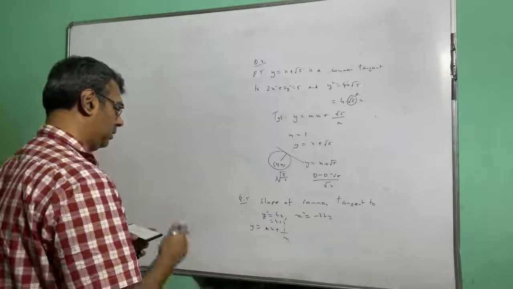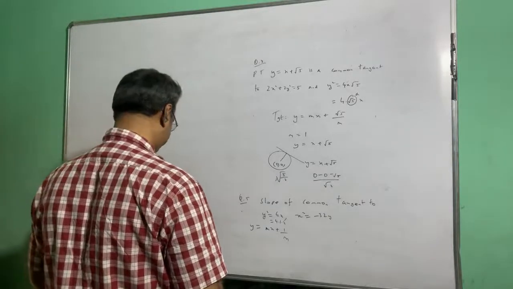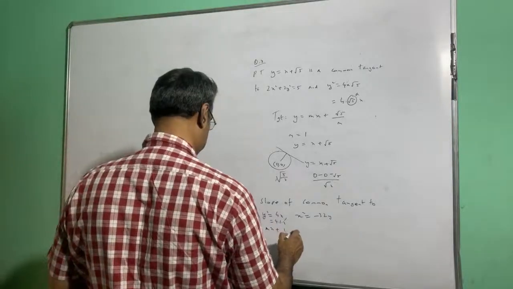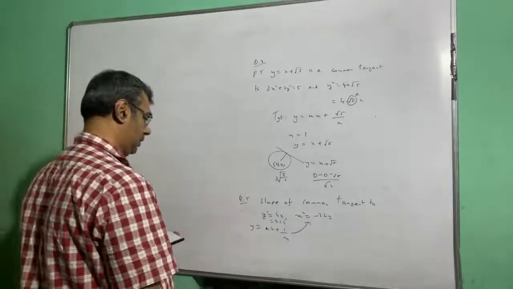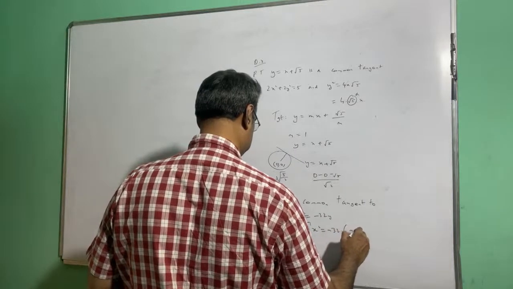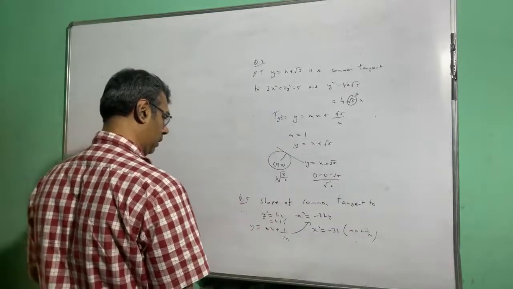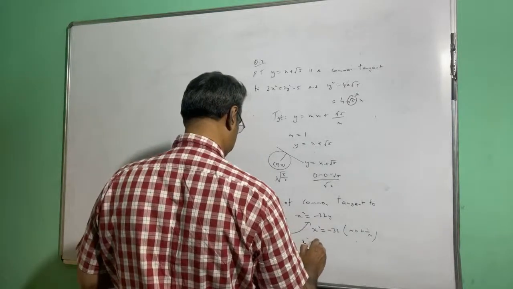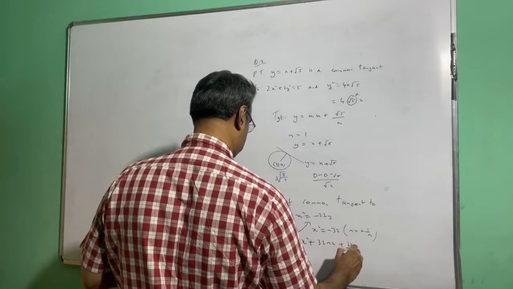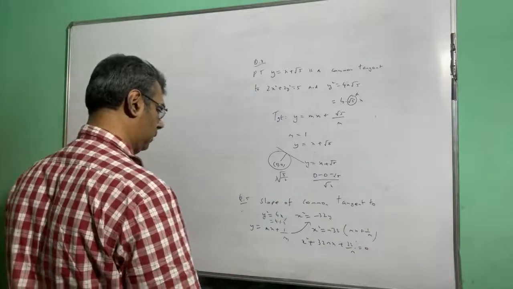So y equal to mx plus 1 by m will be the tangent to this. And this will be tangent to this one also. So x square is minus 32 into mx plus 1 by m. So x square plus 32 mx plus 32 by m is 0.